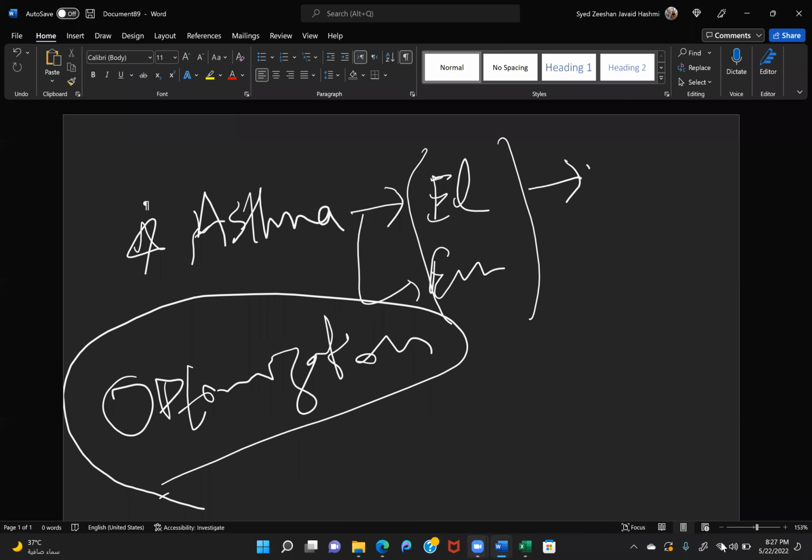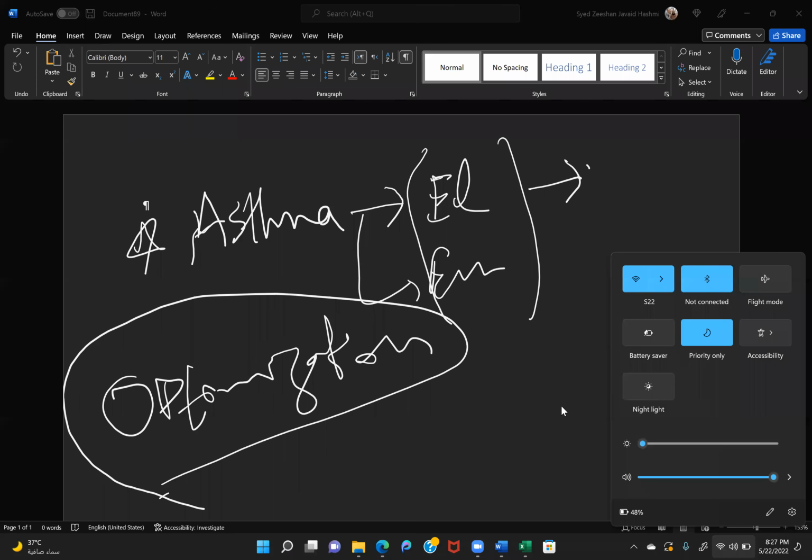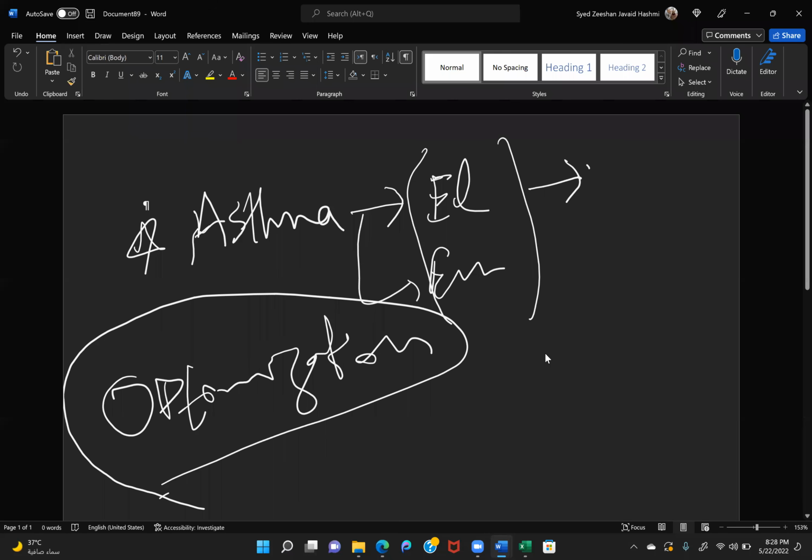Also I will ask about the last episode of asthma, from which I can assess how well the asthma is controlled. For the current condition, I will assess the patient by inspection and examination and some investigations. What is the bedside test to see the severity of asthma?